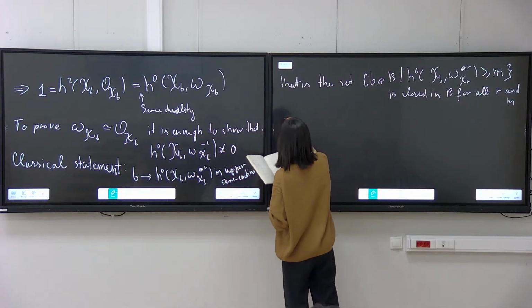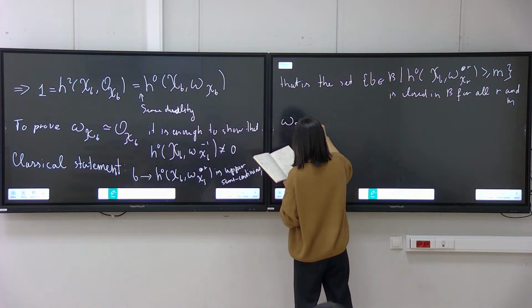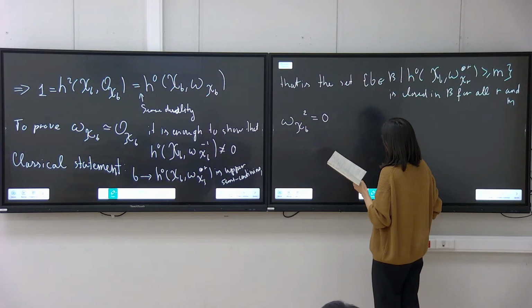So what do we obtain from this? We know that the self-intersection of the canonical bundle is 0.